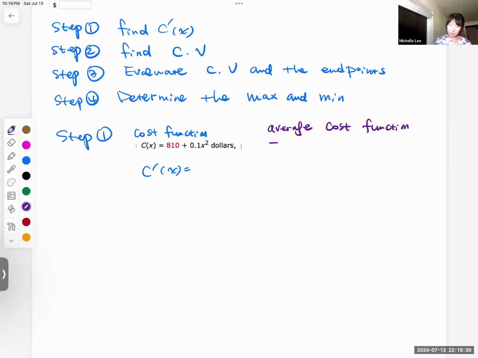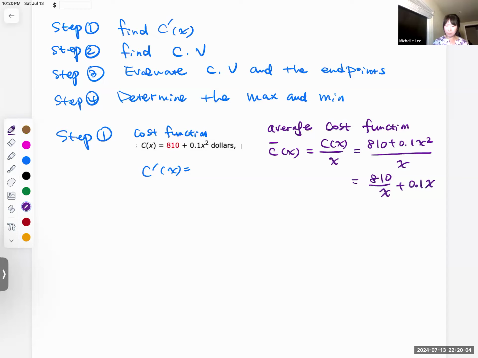Okay, so we denote this way, right? So then C over X. Do you remember? Okay, then we have 810 plus 0.1 X squared all over X. That will be 810 over X plus 0.1 X, yeah?